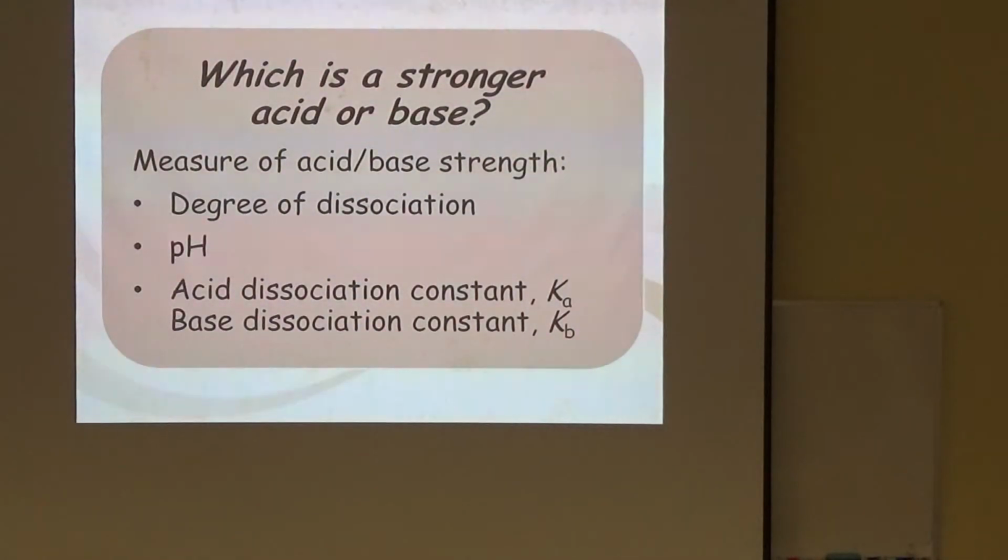Now, the next part, now that we have learned about the definitions of acids and bases, let's talk about how do you know whether something is a stronger acid or base. Okay, so there are different ways of looking at it, and there are limitations to each method of seeing whether something is stronger or not. So, we will look at the degree of dissociation.